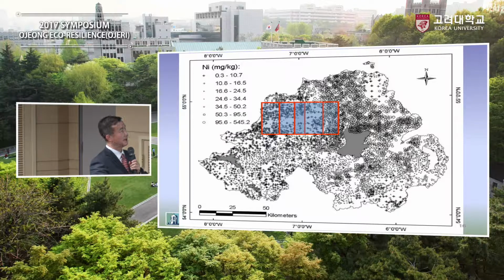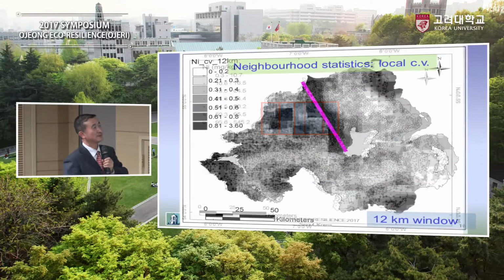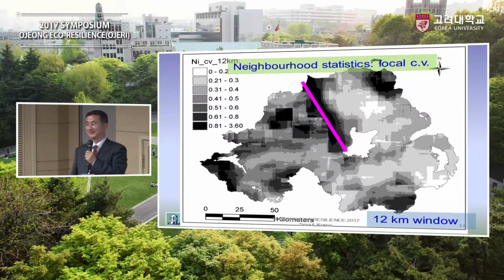And if you keep moving, when this point is in the center here, you will get a very high variation value. I think you trust that, because half of them are very low and half of them very high. So you can easily show the variation. It's a very simple idea.